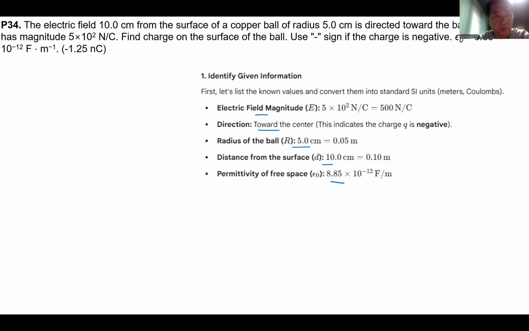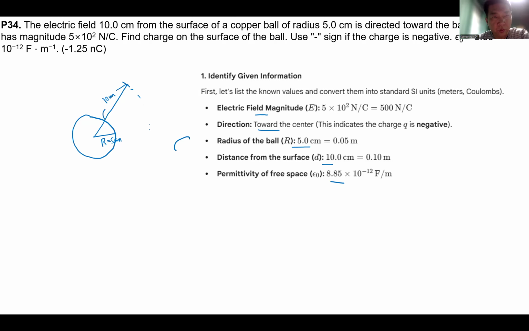So in this case, it's a sphere. And here is the R, which is 5 centimeters. And then we are at the position where the distance from the surface of the sphere is 10.